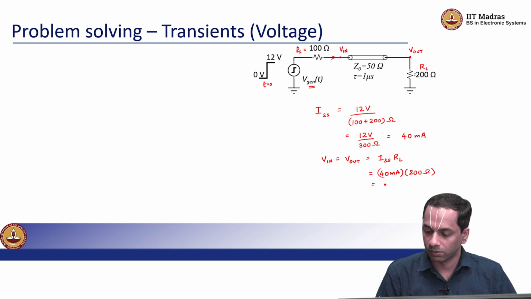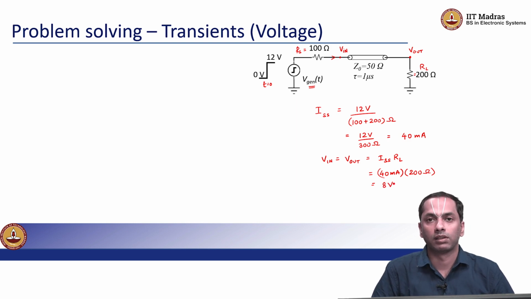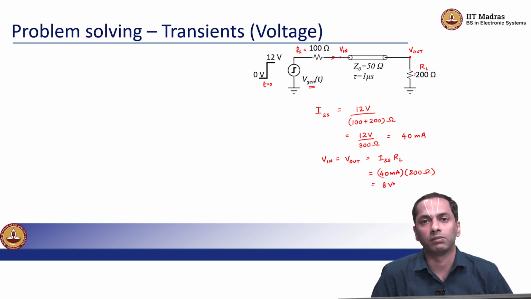This would give you 8 volts, right. You may even have heard of some simple formulas, saying that it is RL by RL plus RS times the voltage, for resistive dividers.